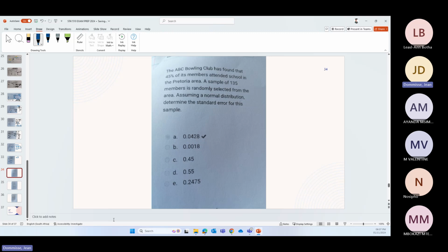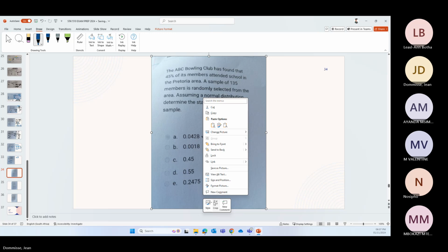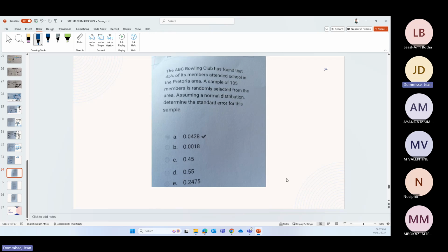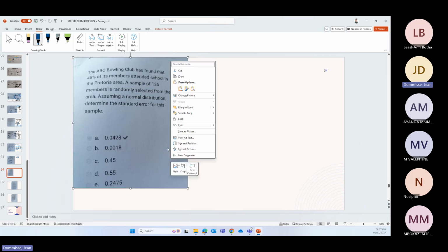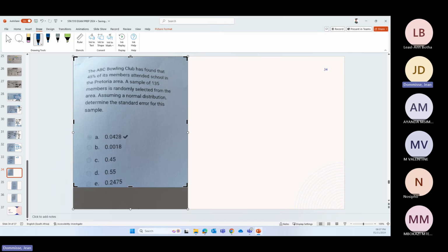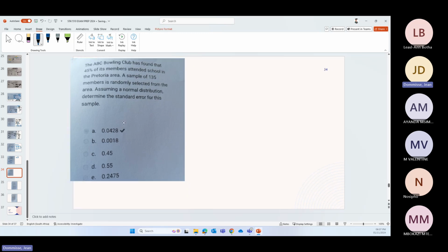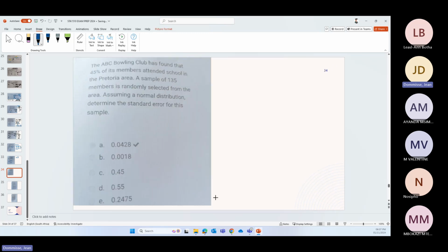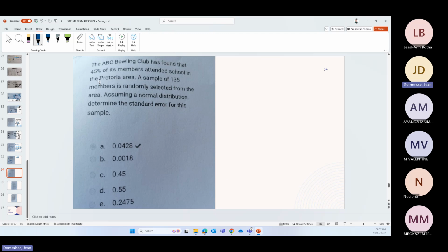Okay, standard error that we need to work out. This was study unit 7. So the ABC Bowling Club has found that 45% of its members attended school in the Pretoria area. A sample of 155 members is randomly selected.